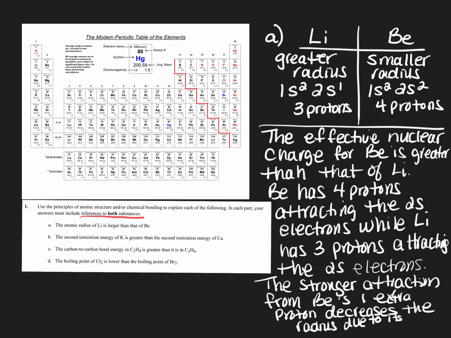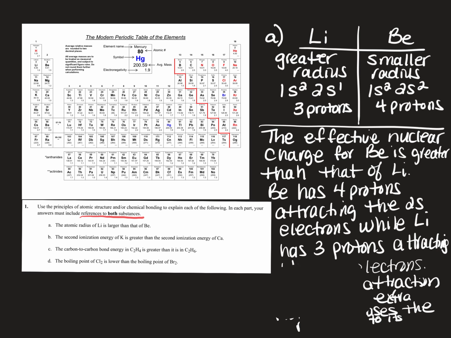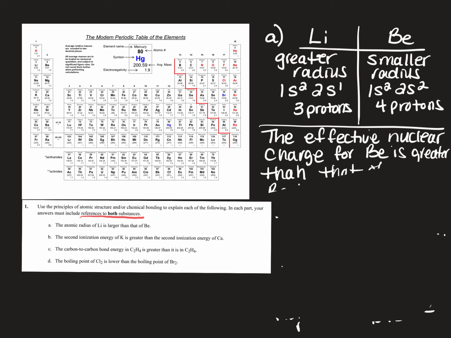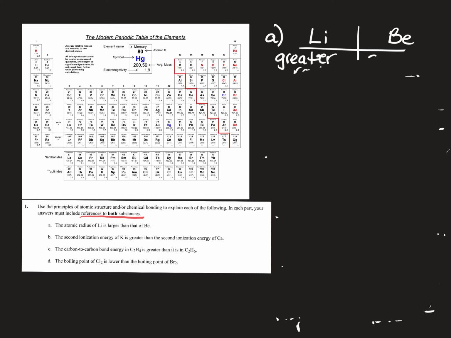Okay, so we're looking at that it's going to attract those valence electrons with a stronger force of attraction due to the fact that its effective nuclear charge is greater, due to the fact that it has an extra proton in the nucleus. Okay, so that's what you needed to talk about. That particular question was 2 points, based on the rubric.